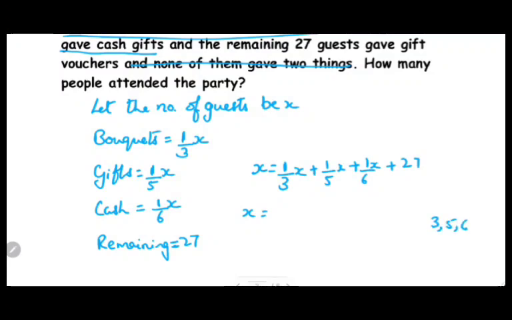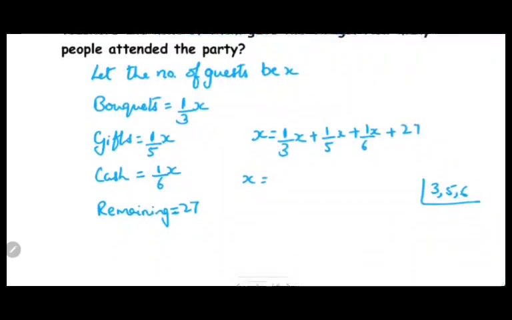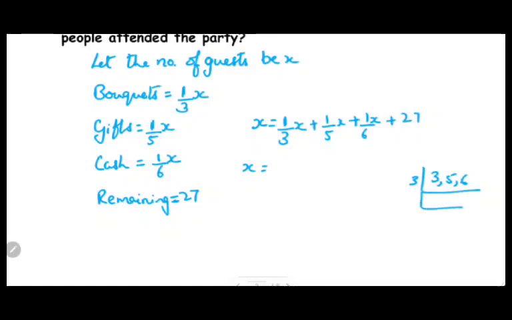LCM. 3 1s are 3, 2s are 6, and 5. Let's multiply all of them. 3 2s are 6, 6 5s are 30. What's the LCM? 30. 3 into how much? 10 is equal to this 30.